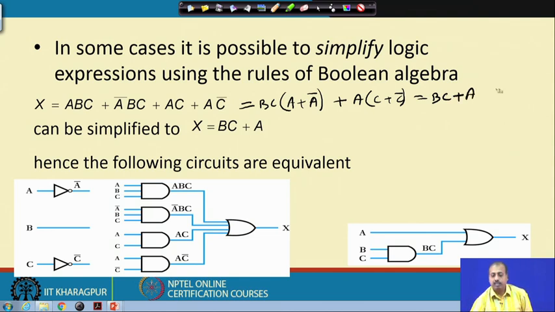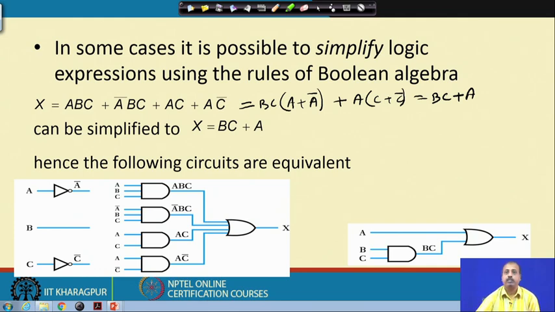Once you have done this simplification, you can realize the circuit with a much smaller number of gates. You see that I need a 2 input OR gate for ORing A and B C, and a 2 input AND gate for getting the product B C from the inputs B and C. That way Boolean expressions can be simplified, and the simplified expression may have far fewer logic gates.